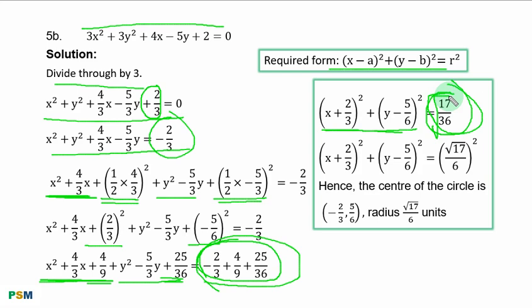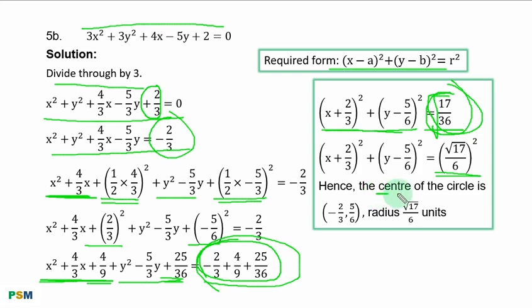When you split it, you have square root of 17 squared over square root of 36. That is 6. Then you square it. If you reverse this operation, you have this result in return.